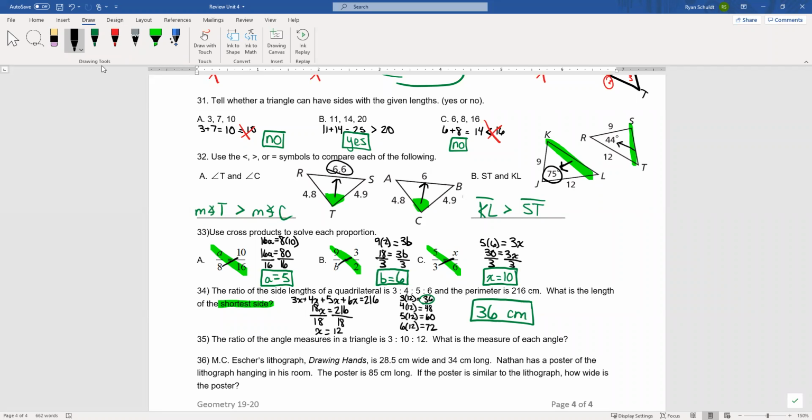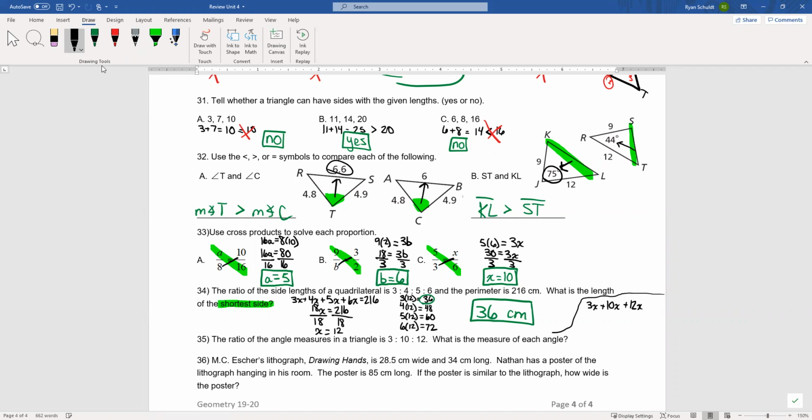Okay, 35. The ratio of the angle measures in a triangle is 3 to 10 to 12. What's the measure of each angle? So I'm going to kind of break this up right here so I have room to work. Let's say 3x plus 10x plus 12x.